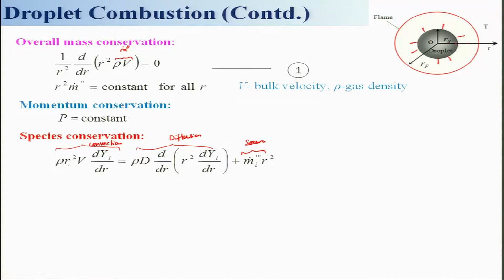So, this term I can write as m dot double dash r square, because rho v is your mass flux. And keep in mind that your Lewis number is equal to 1, right.